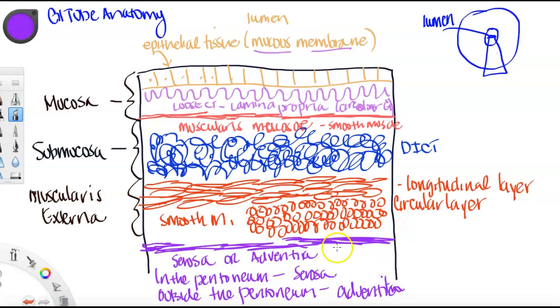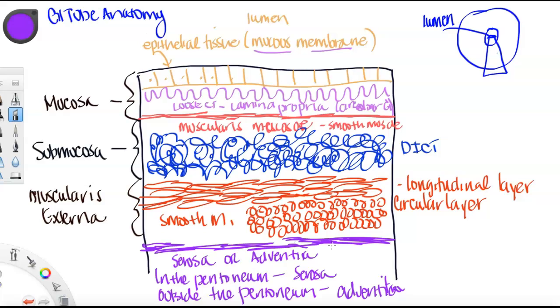So your esophagus, the entire tube from mouth to anus basically has these layers, okay? And in the esophagus, for example, it is outside of the peritoneum. So the outside of that has adventitia. The stomach is in the peritoneum, so it has serosa.